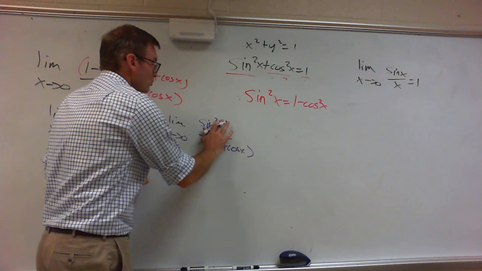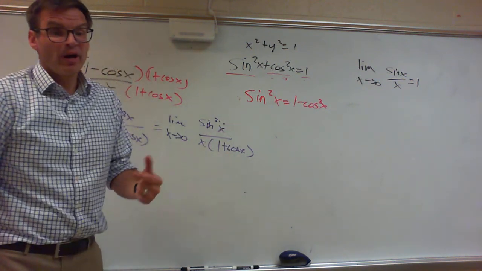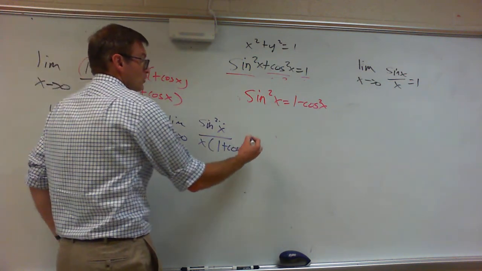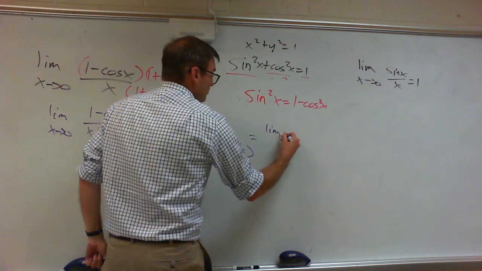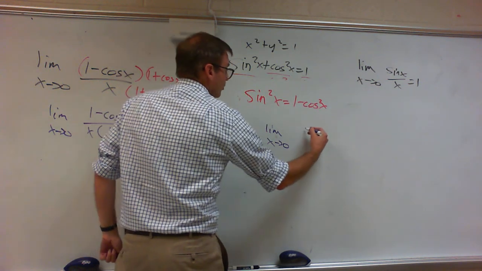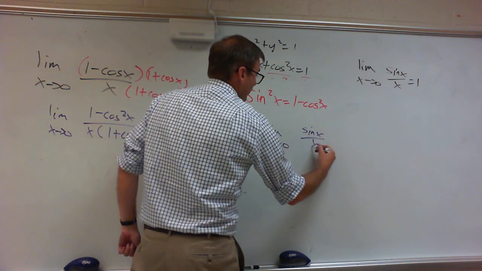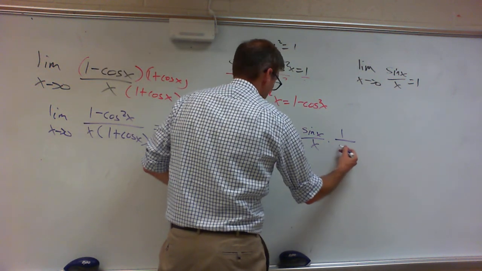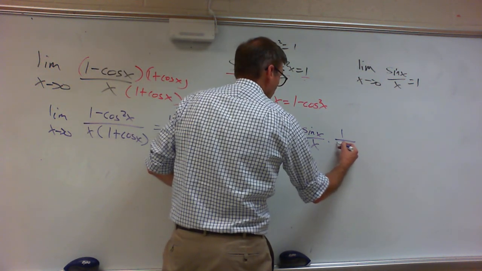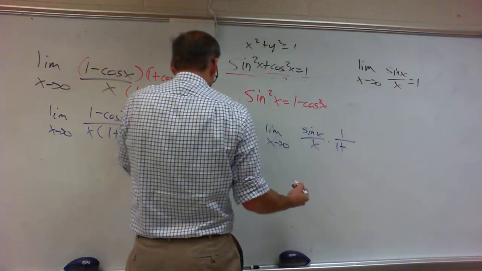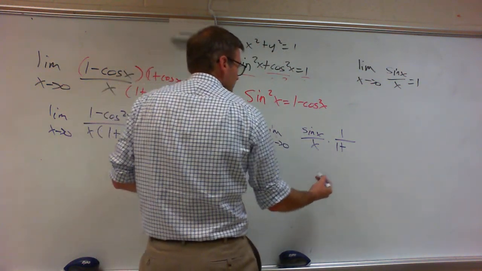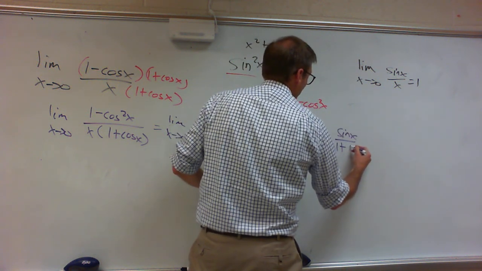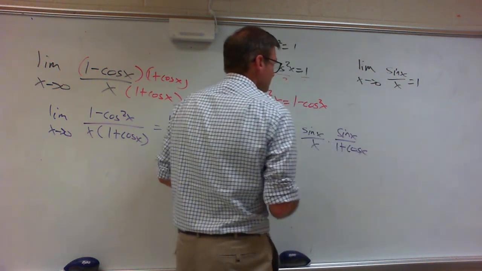Now, the way I'm going to deal with this is kind of the same way I did with the last problem. If I see sine squared x, I'm going to write down sine twice. So when I rewrite this, I'll say this is the limit as x goes to 0 of sine x over x, because that's what I have here, times sine x over 1 plus cosine x.